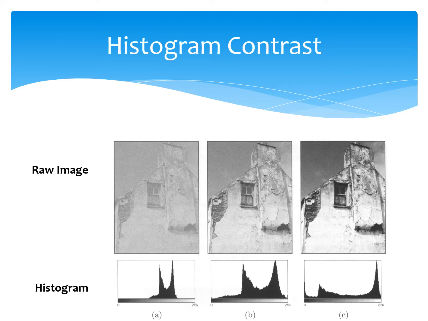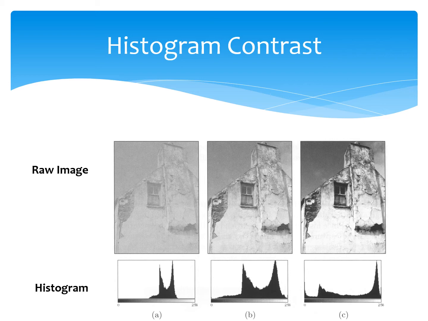Here, we demonstrate a set of images with different contrast on the top row, and their corresponding histograms at the bottom. As you can see, the three images from left to right are low contrast, middle contrast, and high contrast, respectively.